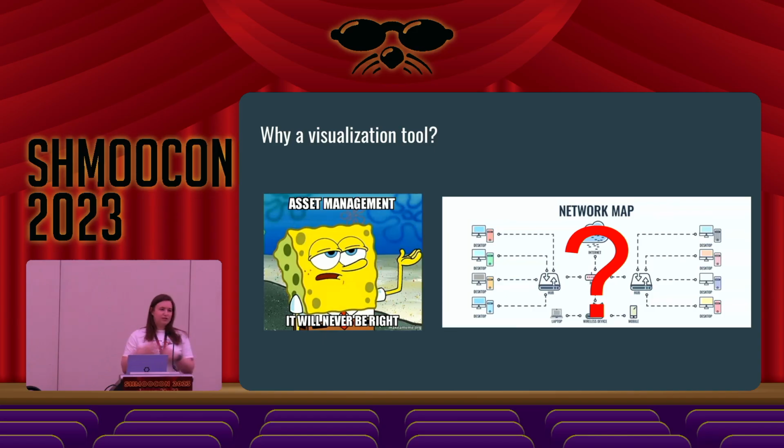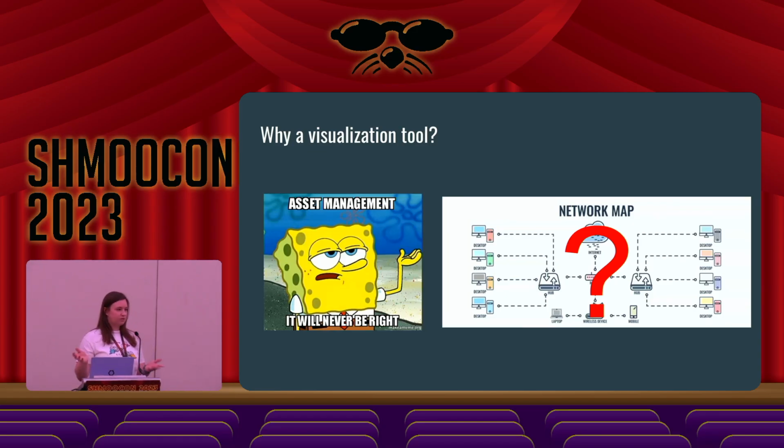So why a visualization tool? I got asked this a lot when people came up and asked me about my talk. When I used to go out and do assessments, you'd ask, can I have a network map or an asset list, because we're going to assess your system? Half the time it was either non-existent or inaccurate, or I had to go find this one specific person that has worked there for 40 years, and they're the only person that could tell me exactly what was what.